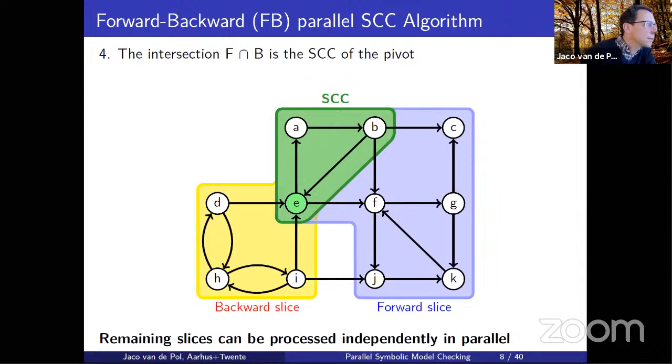But the main problem here is that for every pivot node, you do a reachability. And if you are lucky, you only cut off a small part, like the SCC of E could be quite small. So you will have n of these steps. And so you will do n times the reachability. So at least in this naive version, you will do a quadratic amount of work.